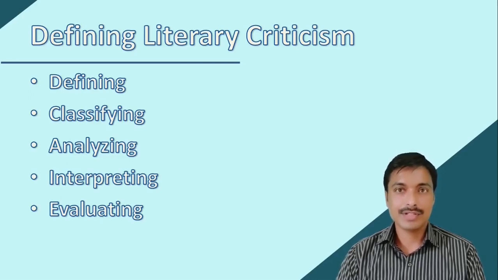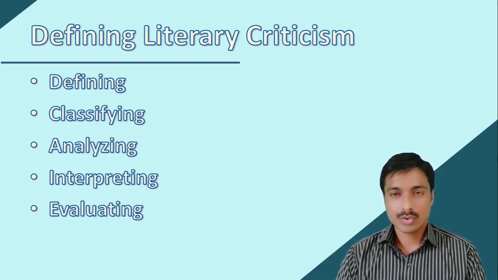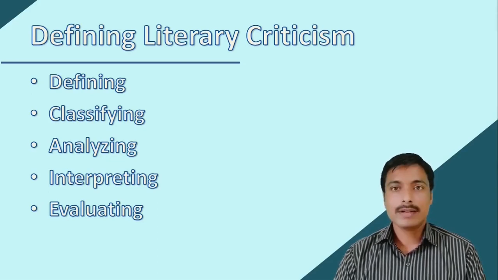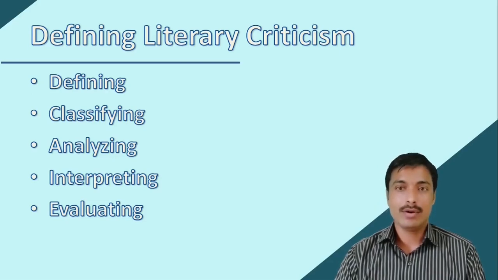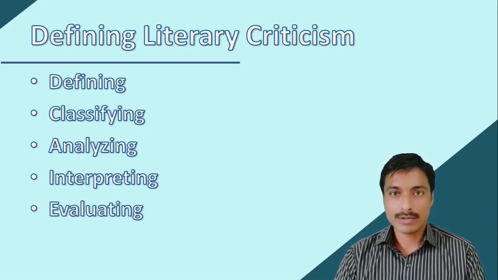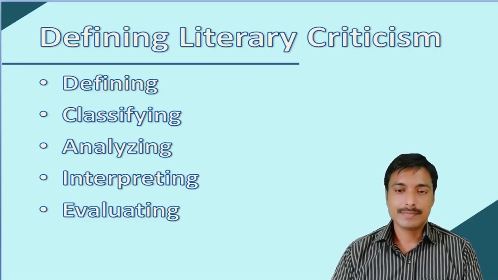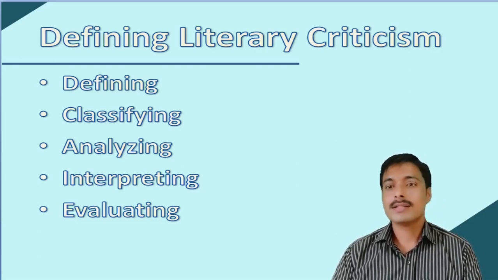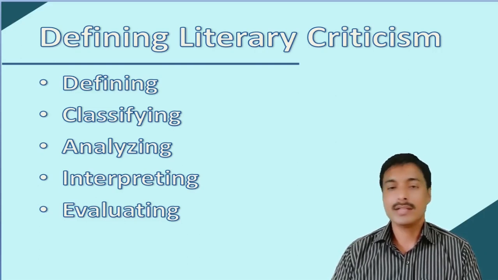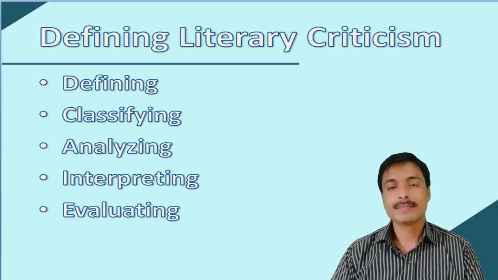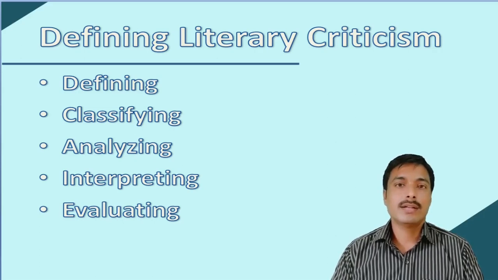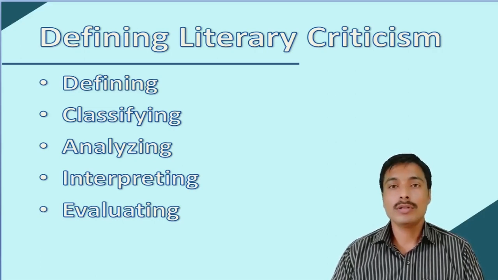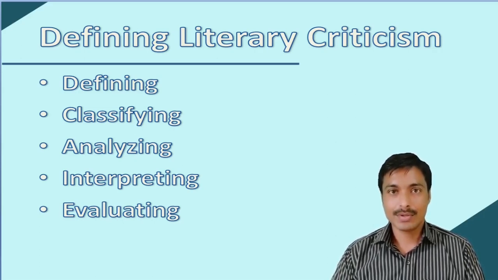The first step is to define its core area, that is literature. Literary criticism should define what it is going to study. Literary criticism is defined by what it does. So literary criticism is writing about writing. It is a kind of discourse upon discourse.